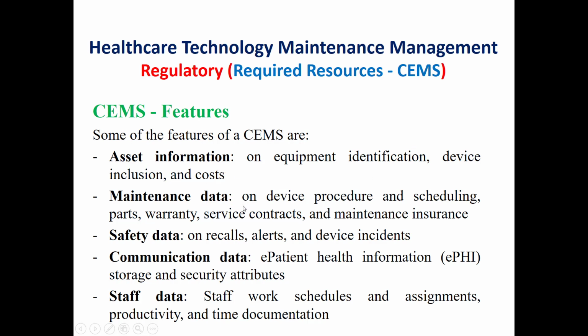The maintenance data on device procedures, scheduling, parts, warranty, service contracts, and maintenance insurance. The safety data on recalls, alerts, and device incidents. The communication data will be related to the electronic patient health information, storage, and security attributes. Finally, the staff data will be related to the staff work schedules and assignments, productivity, and time documentation.